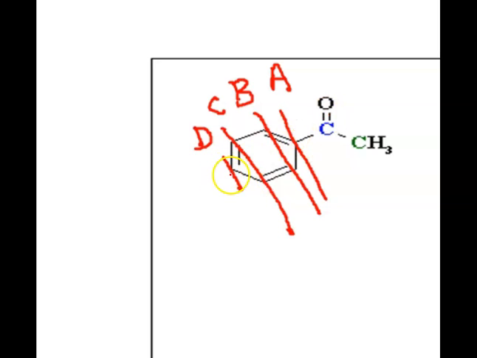And finally, D is furthest from the carbonyl group, and it is different from carbon A. If you think about carbon A, it is a single carbon, but it doesn't have any hydrogens attached. Carbon D here is a single carbon, but it does have a single hydrogen attached. So that's one of the ways we distinguish to make sure that we know that there are 4 types of carbon in this benzene ring, but there's a total of 6.